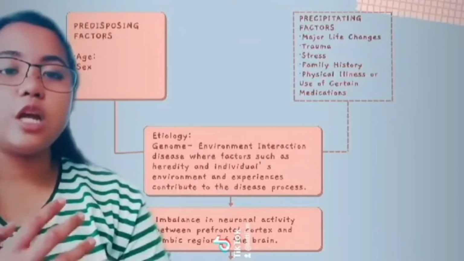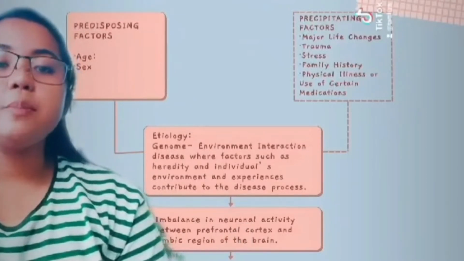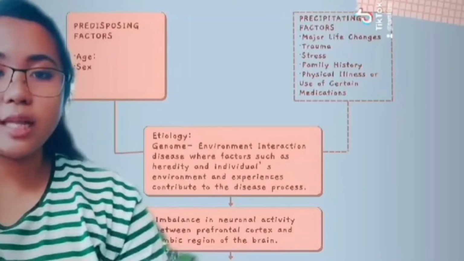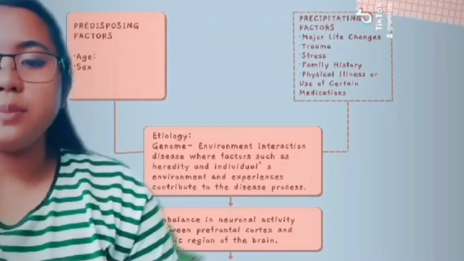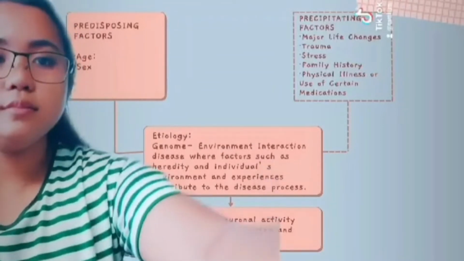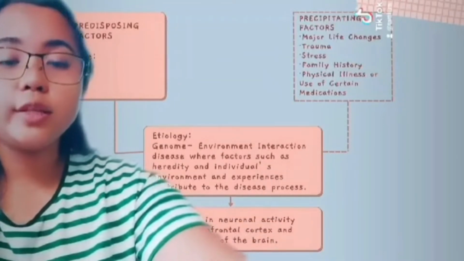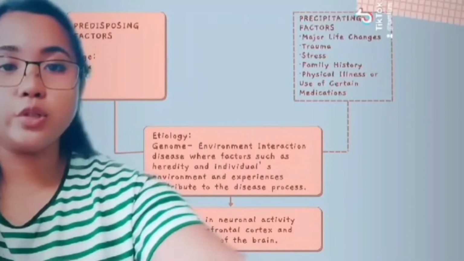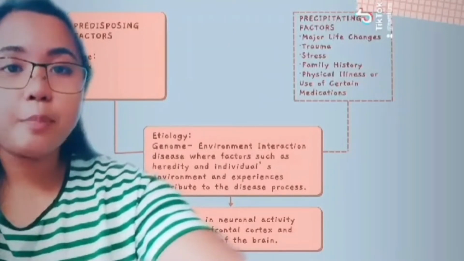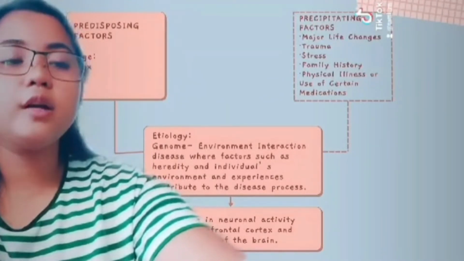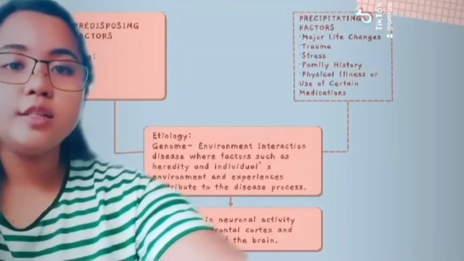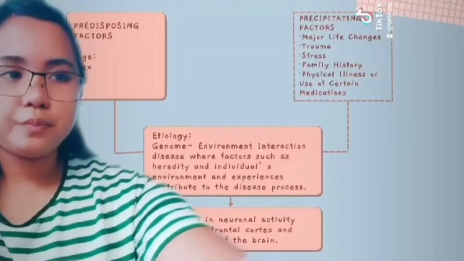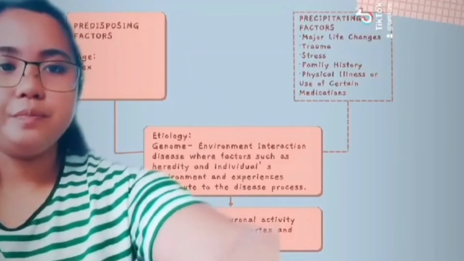When all these stressors come together, there's the possibility of an imbalance in neuronal activity between the prefrontal cortex and the limbic region of the brain. The prefrontal cortex is responsible for helping to regulate the emotions, and the amygdala is part of the limbic region of the brain, which is responsible for the release of negative feelings like anxiety and other emotions.